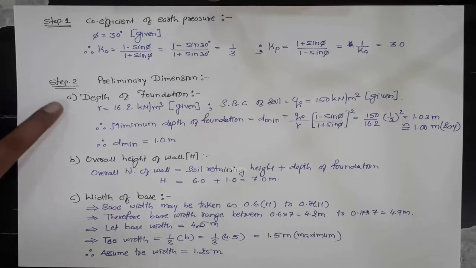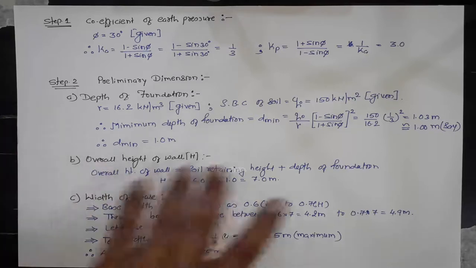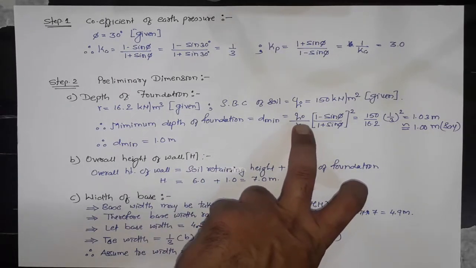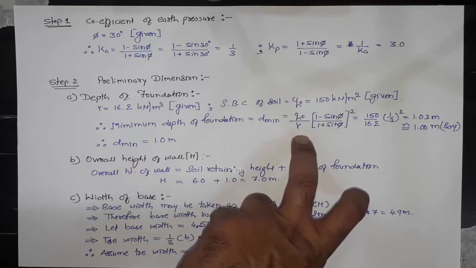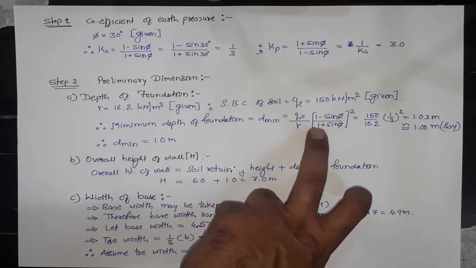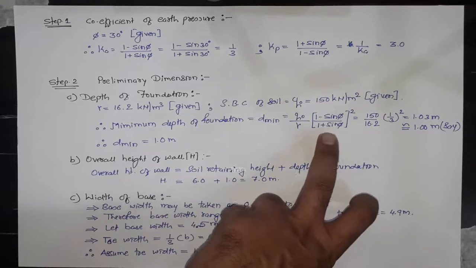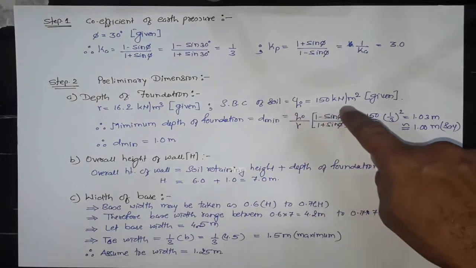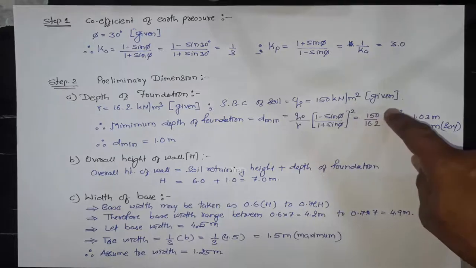Our step, that is 2A, is to find the depth of foundation. This depth of foundation can be determined by our classic soil mechanics formula, that is Q0, the soil bearing capacity, divided by unit weight of soil, into Ka square. Q0, that's the soil bearing capacity, is 150 kN per meter square, a given data.